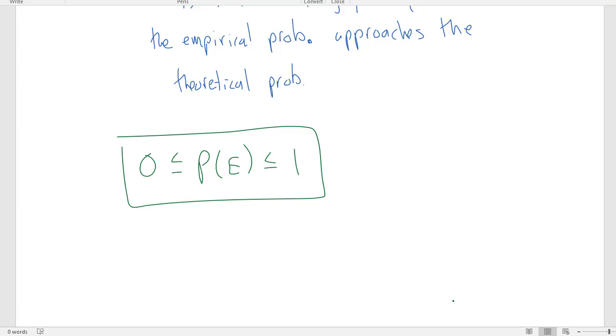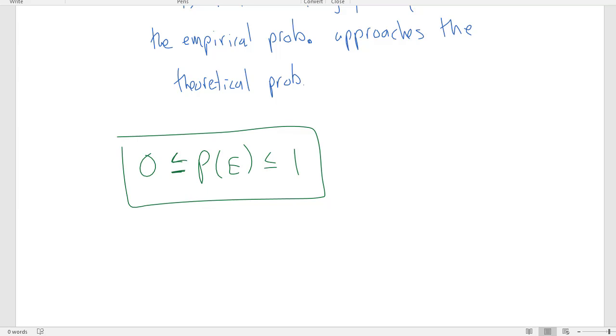Now, from this restriction, from this concept that is pretty intuitive, we can never have probabilities that are negative, right? We can't have probabilities that are smaller than 0. Probabilities have to be greater than 0, or they could equal 0, right? I mean, for our 6-sided die, let's say I asked, what's the probability of rolling a 7? Well, there's no sides, right? There's 0 sides that have 7, so that probability would be 0.